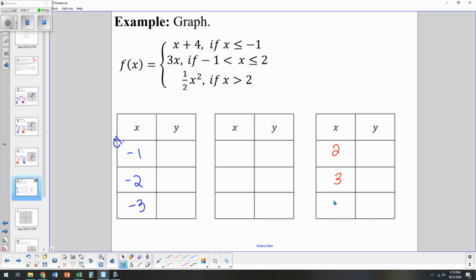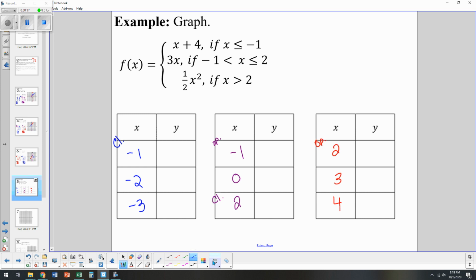So I could choose 3 and 4, and that's going to be an open circle. The one in the middle, I need to make sure I include the negative 1 and the 2. And then I could pick anything that happens between them. 0 is always the easiest to plug in. So on the negative 1, that's going to be open, and on the positive 2, that's going to be closed.